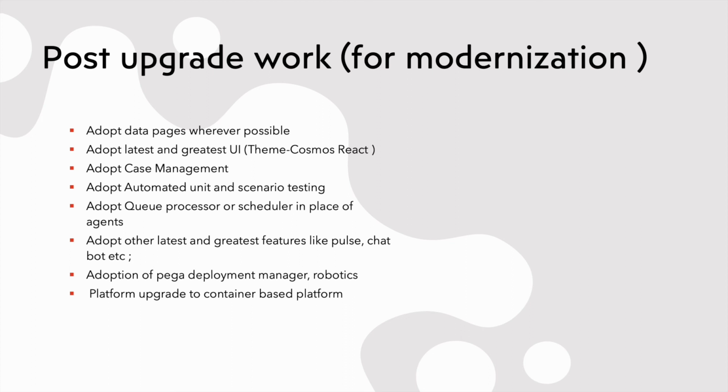There are pros and cons of the container model or the cloud, and on-premise, but definitely there are some benefits. That's why every company is moving towards the container model or the cloud. We can discuss it in detail maybe in some other session, but that is just on a high level. Once everything is done, you can move your application also to container based for a fully modernized application. So this is phase-wise.